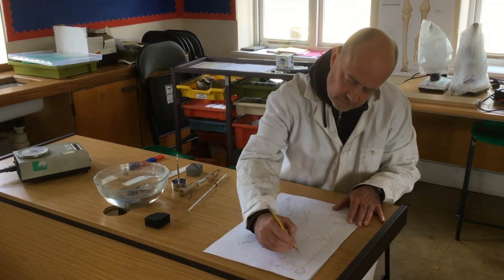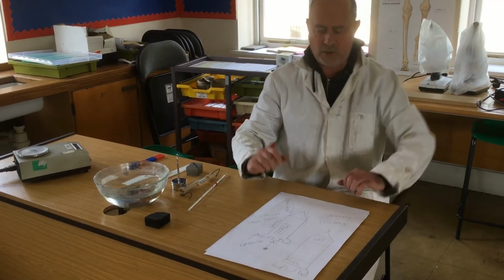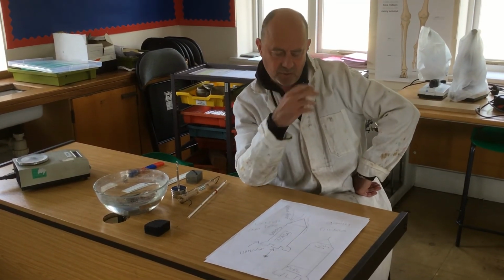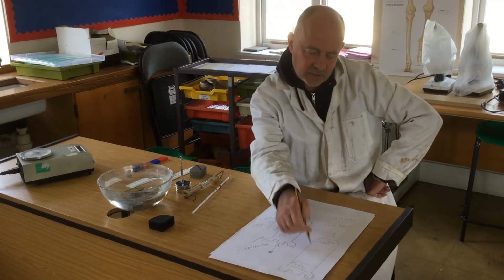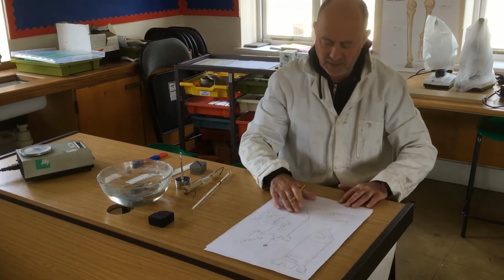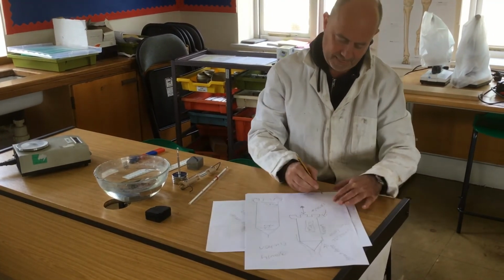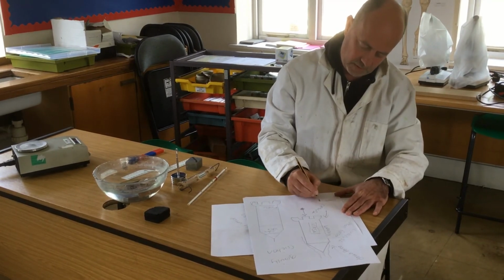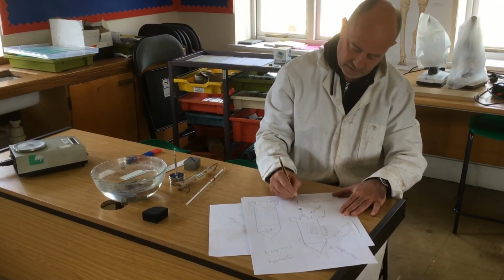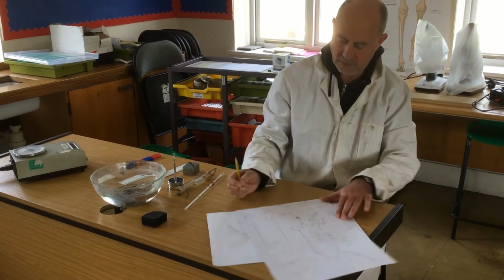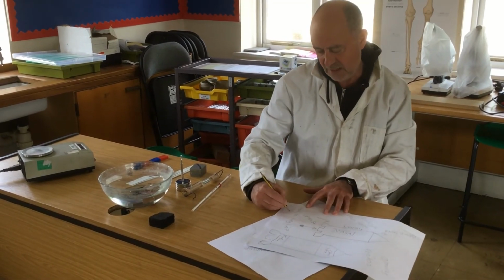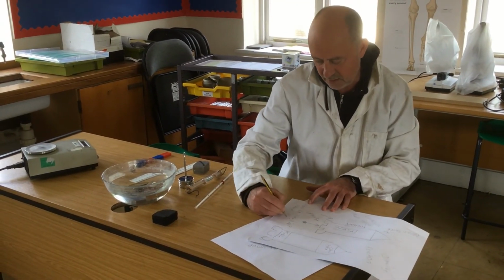So, I want to see some really nice designs of how the astronauts live. I'll write that on this paper here. How do they live? What I mean by that is sleep. Where do they sleep? Eat.